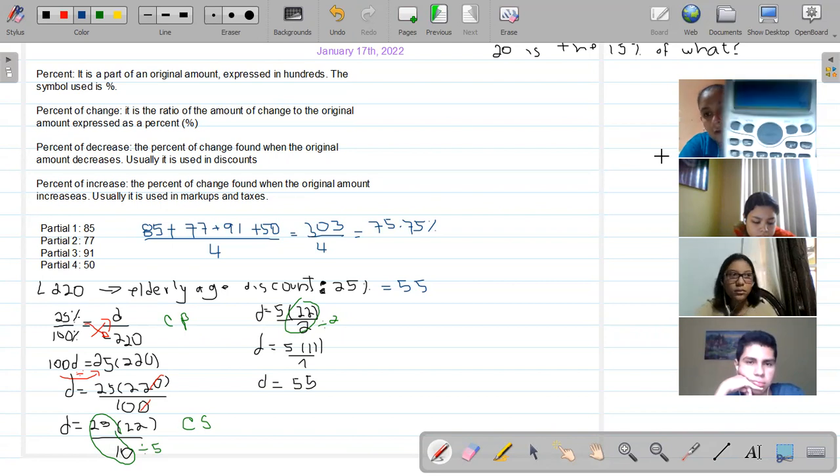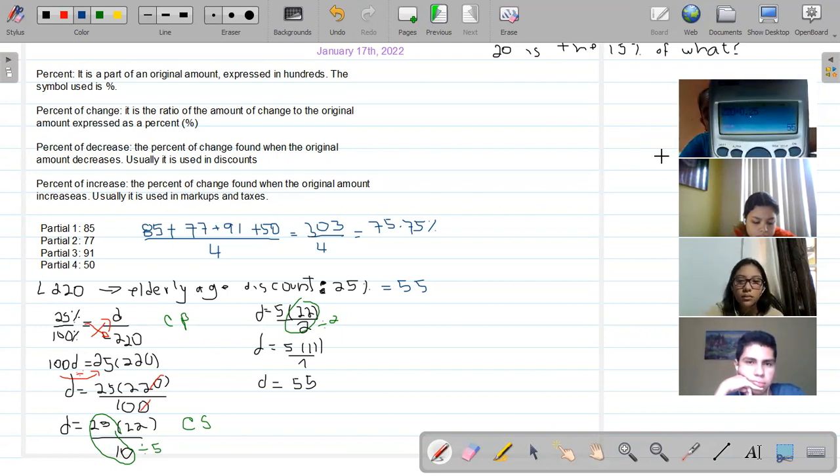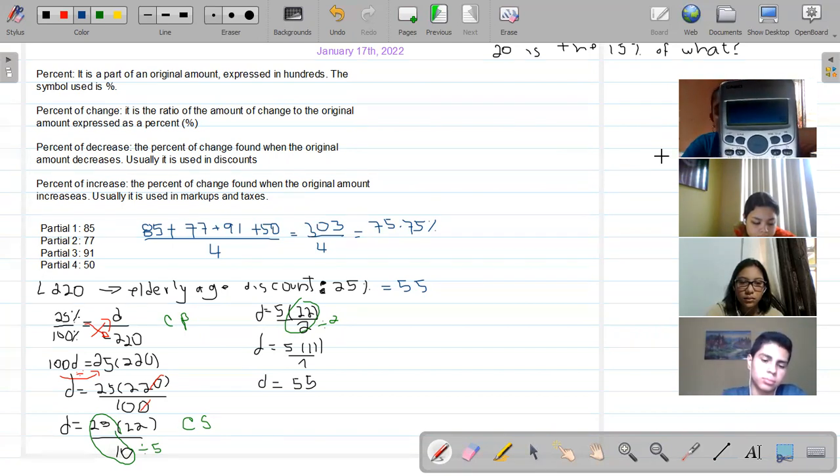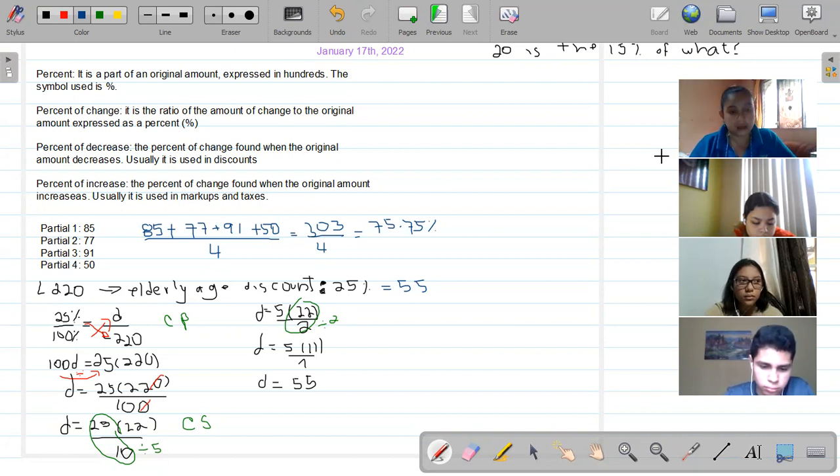And what does it give you? It gives you the 55 that you just found. This method, this procedure can only be used with certain problems, okay? So this is the 25% of 220.